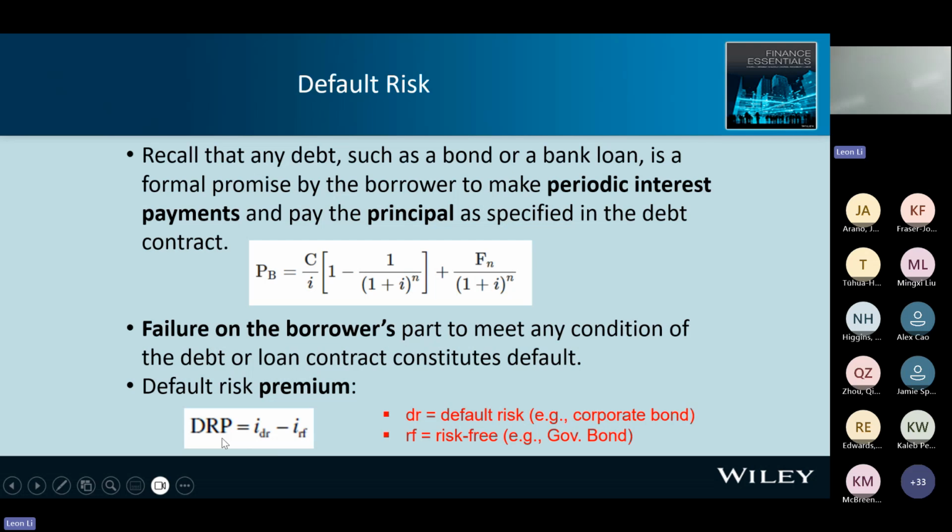That means a corporate or company might go bankrupt. Theoretically, government will not go bankrupt. The reason is simple. Government can print the money, all right? Although it's not good, but yes, they can, right? So the difference between the corporate bond and the government bond is the default risk premium. Or you can say the additional return for default risk.